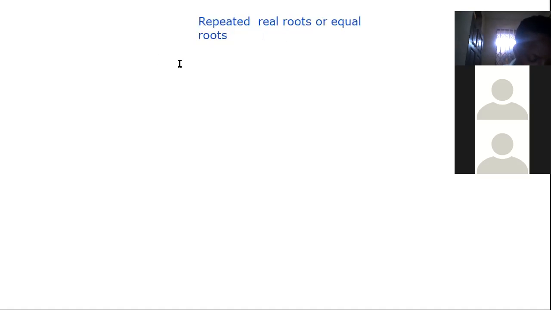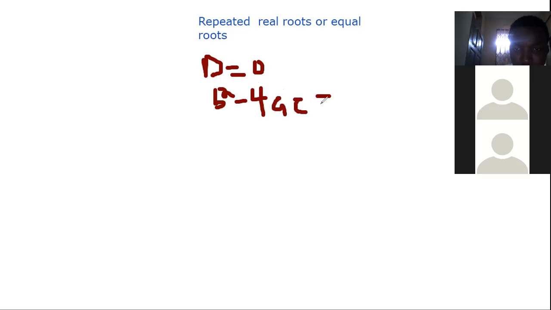Here, if we say the roots of the quadratic equation are equal, then we just mean that the discriminant, which is D, is equal to 0. The discriminant is b squared minus 4ac, and it is equal to 0.